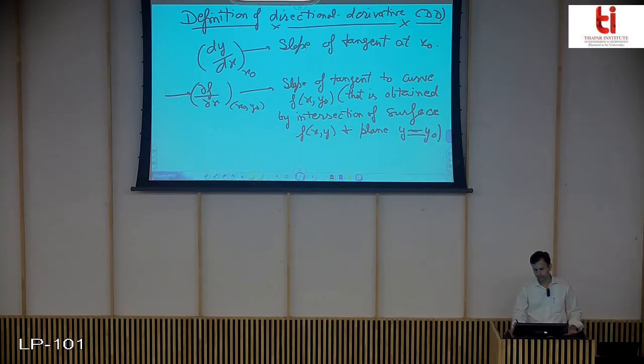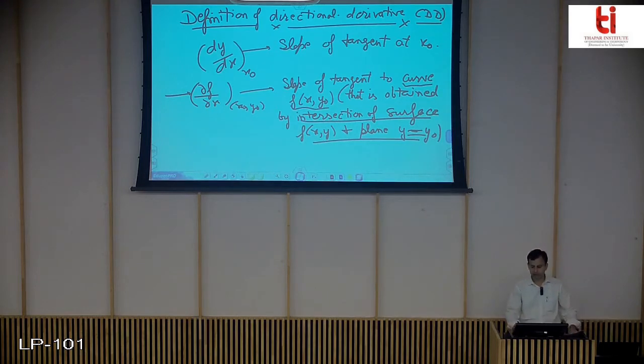The plane y equals y0 is running through the line y equals y0. So the intersection of the surface and the plane gives you the curve f(x, y0).